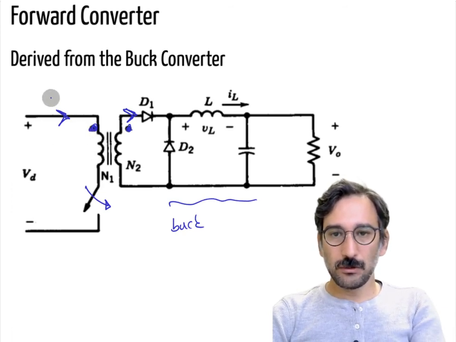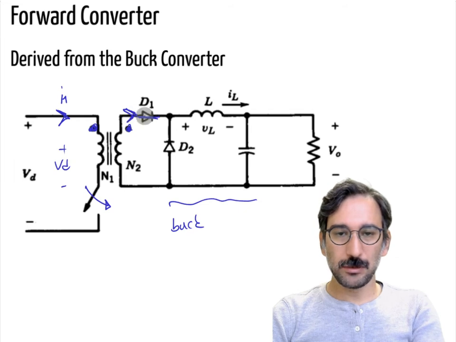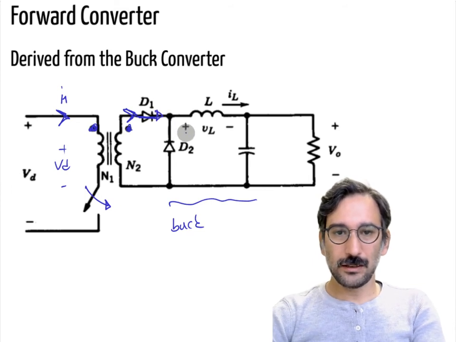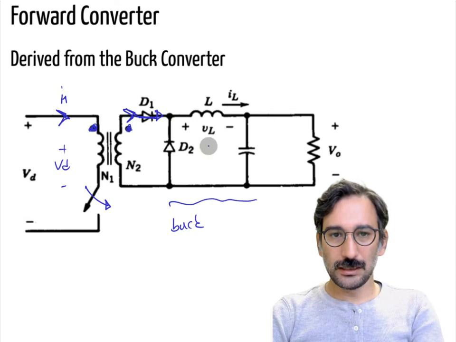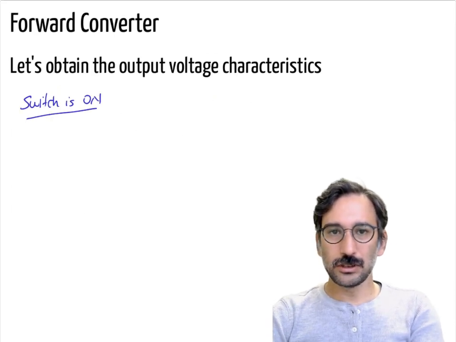But what you will see is, if this is I1 and this is VD, and that switch is on, that diode, because of that current, will be forward biased, and you will have the voltage coming in that direction.